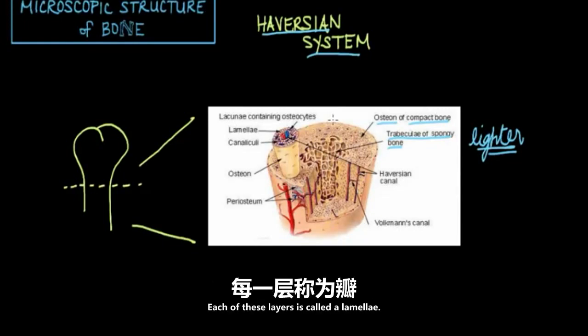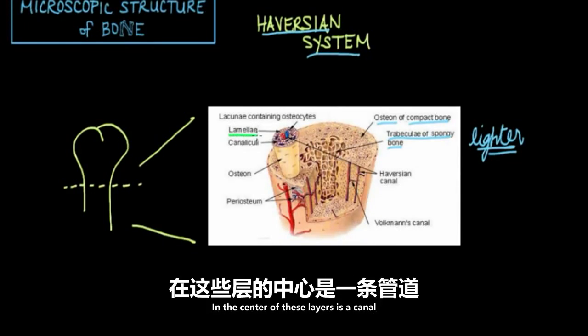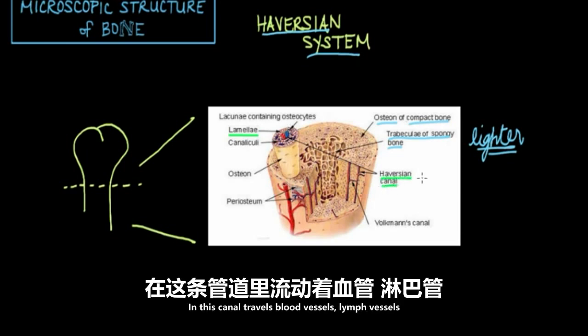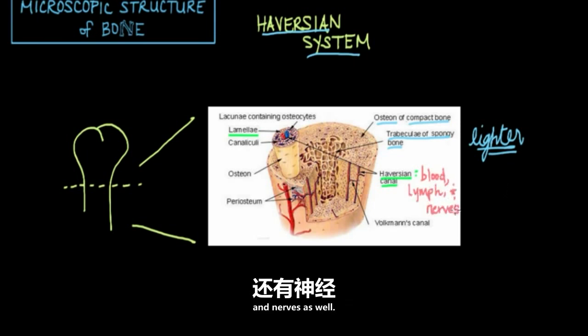And each of these layers is called a lamella. And in the center of these layers is a canal called the Haversian canal, or central canal. And in this canal travel blood vessels, lymph vessels, and nerves as well.